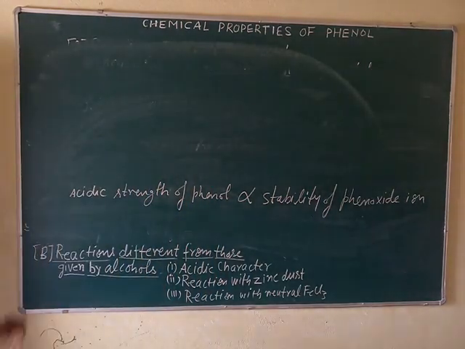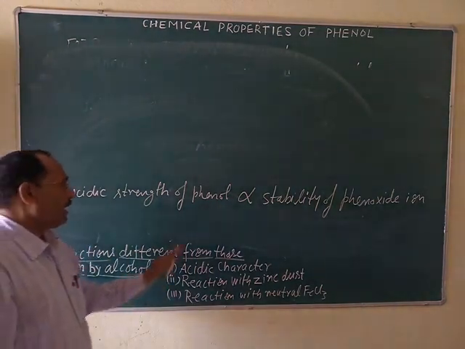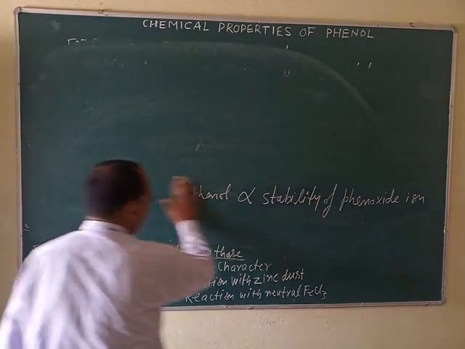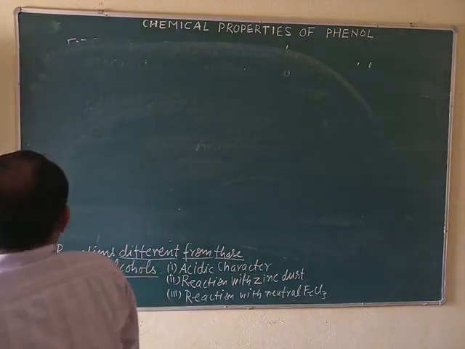Now, we can write the resonating structures of phenol and phenoxide ion like this. This is phenol.